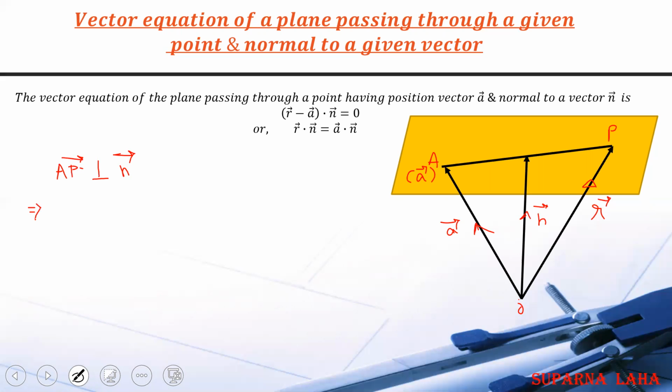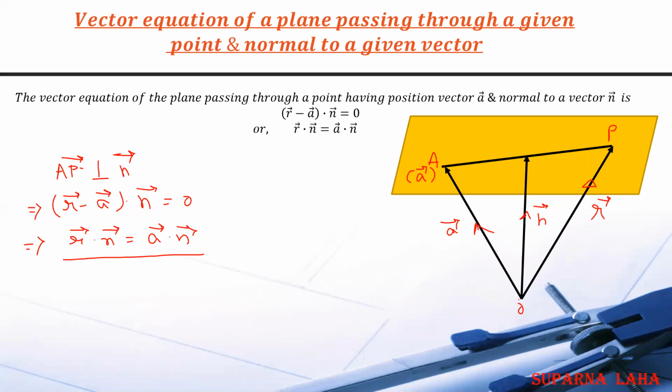Since they are perpendicular, their dot product will be 0. So (r vector minus a vector) dot vector n is 0. Now just break the product. r dot n is equal to a dot n. Now this is the equation of the plane passing through a point whose position vector is a and normal to another vector, vector n.